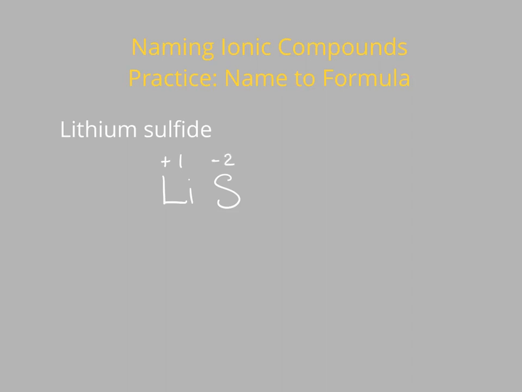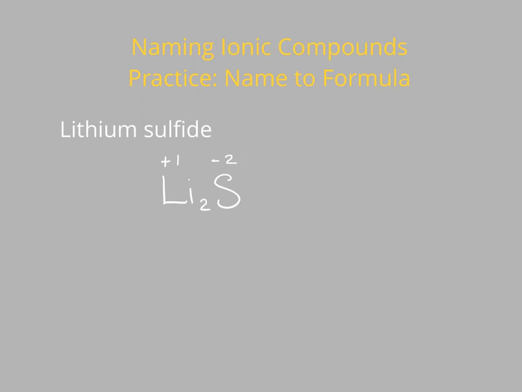So now I can take those charges and swap and drop. So I'm going to take my 1 and swap it down to sulfur and turn it into a subscript. And I'm going to take my 2 and swap that over to lithium and drop it down as a subscript. So I'm going to have Li2S.